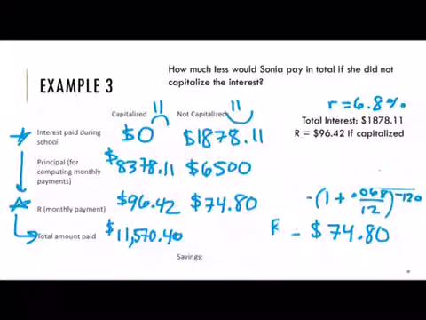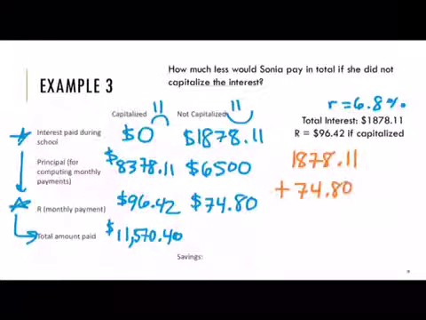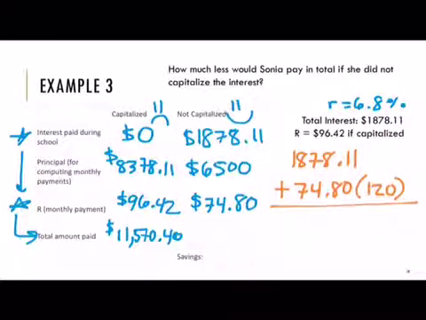All right, so let's also find the total amount that she pays, and the process is the same in this example. It's still the interest paid during school plus the sum of all of the monthly payments that she makes over those 10 years of paying back the loan. This time there is some interest that she paid during school, $1,878.11, plus $74.80 times 12 payments per year for 10 years, so that's 120 monthly payments.